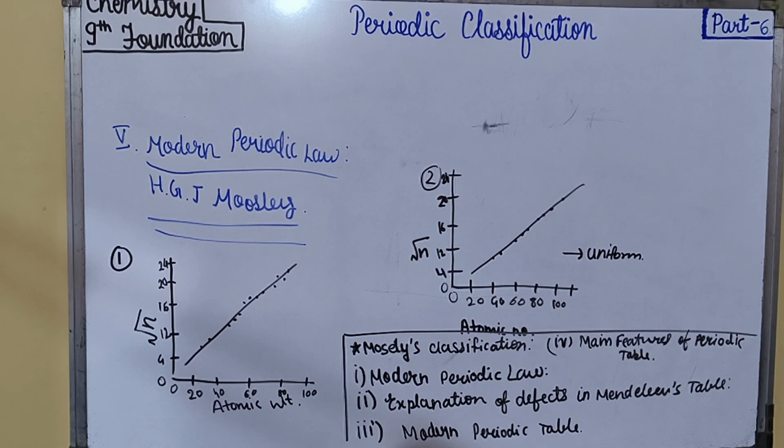The general features of the long form of the periodic table are basis of classification, groups and periods, subgroups, normal or typical elements, transitional elements, active metals, active non-metals, non-reactive metals, lanthanides and actinides.